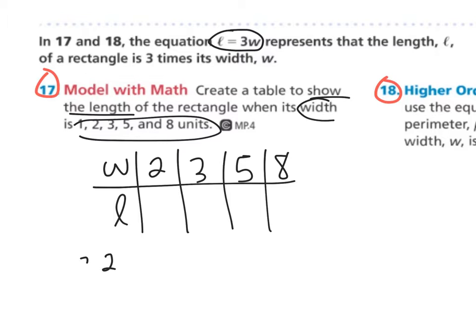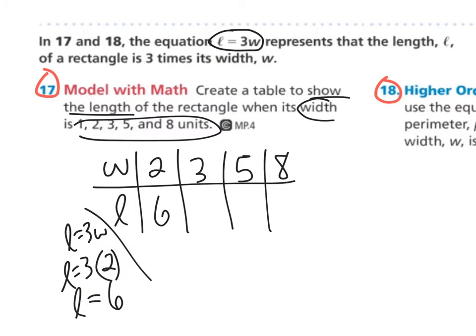So for our first one, if we substitute that in, that would be 3 times 2, which is 6. If we put a 3 in, to work that out would be 9.